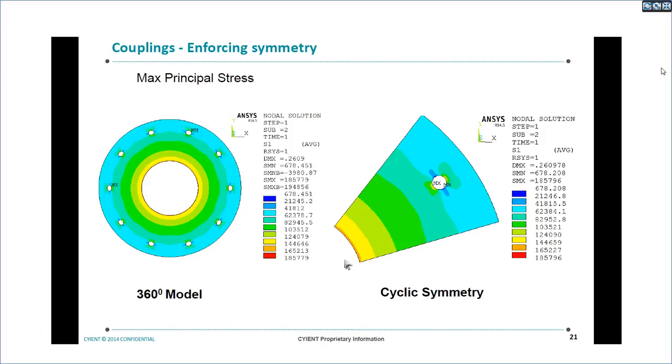Stresses we are observing the same, 185 ksi here and also 185 ksi. So we are getting max stress at the hole at this location, and here also we are getting max stress at this location, and there is no deviation in the overall stress pattern as well as the max stress value.